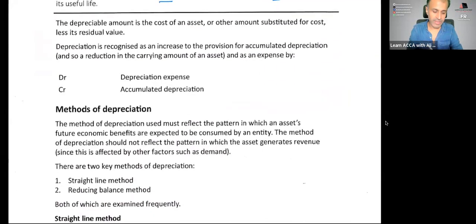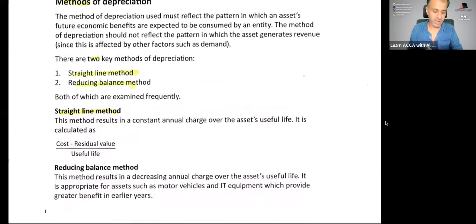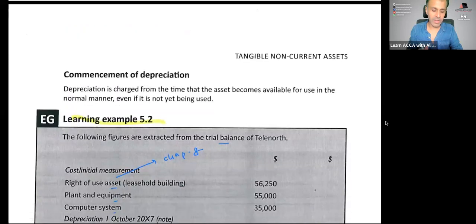The accounting for that, the methods of depreciation, the two key ones are straight line and reducing balance. Commencement is from the day when an asset becomes available for use, even if it has actually not been used. Even if it has not been used yet, still the depreciation will start happening.